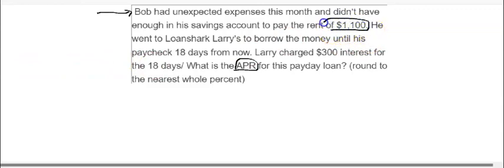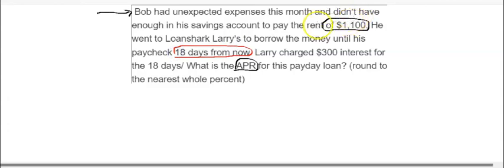Hopefully we're going to have some savings, at least a couple of months in advance, so that we don't have to run down to the bank or to a friend and borrow money and get charged so much interest. He only needs the money for 18 days, until his paycheck comes in 18 days from now.